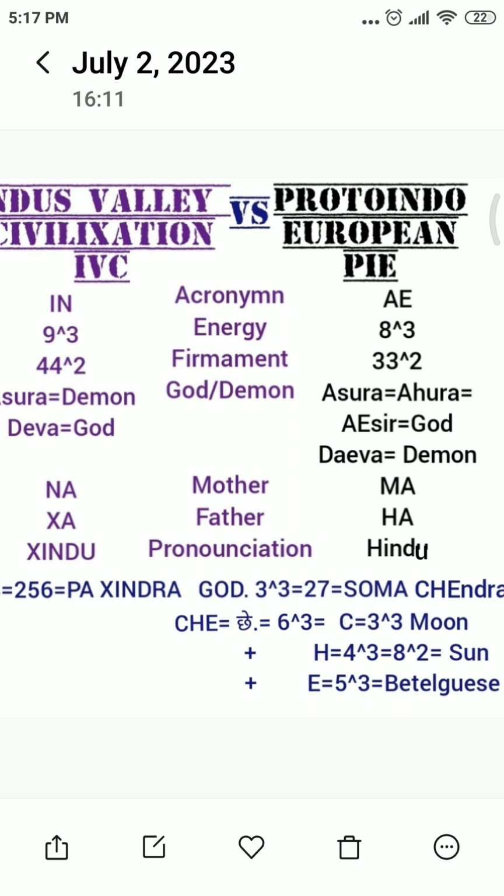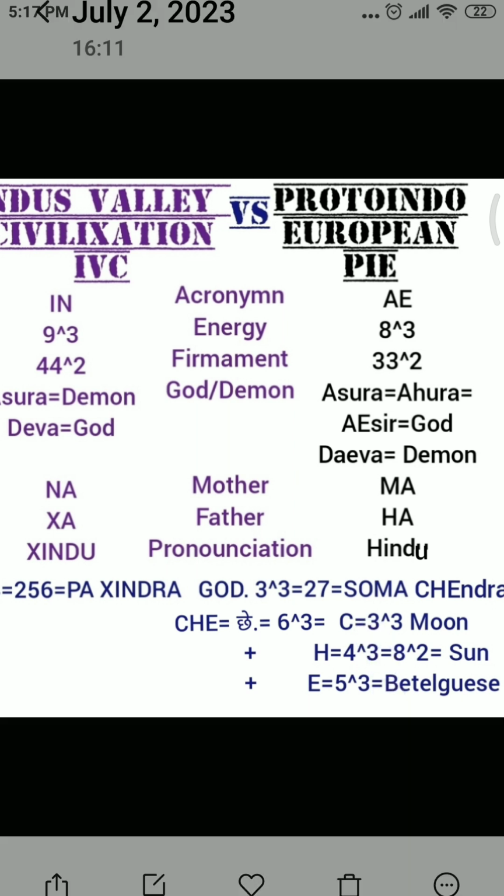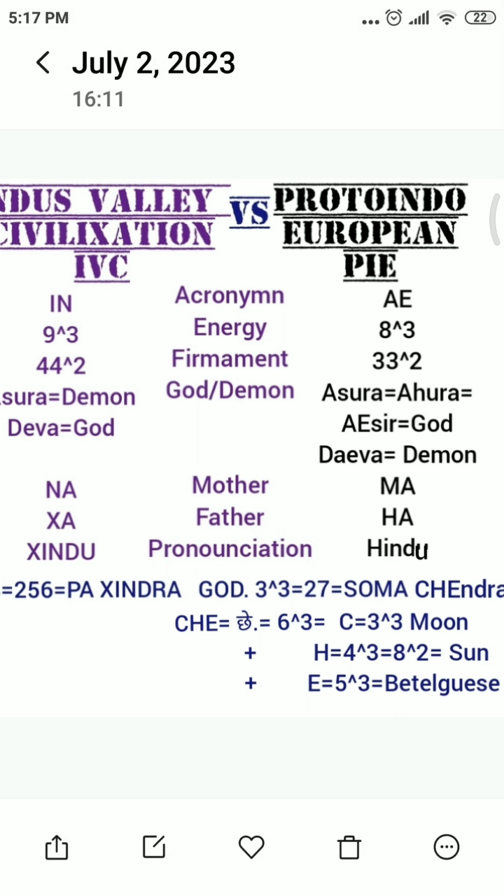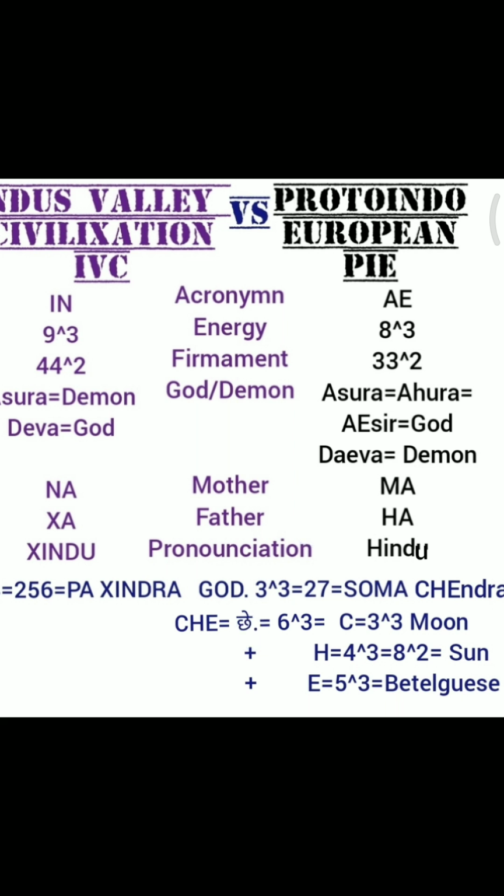So these three together make 6 cube, that is called Che in what do you call in Indo-European languages. Che means 6. So this 6 cube, basically the syllable Che is very common in Indian languages.